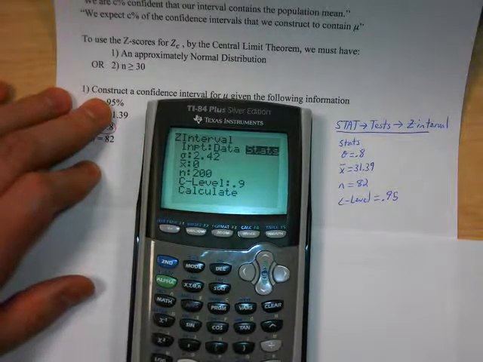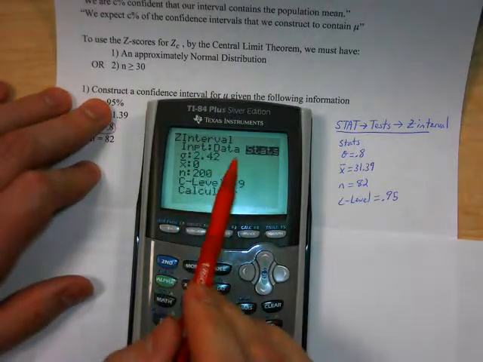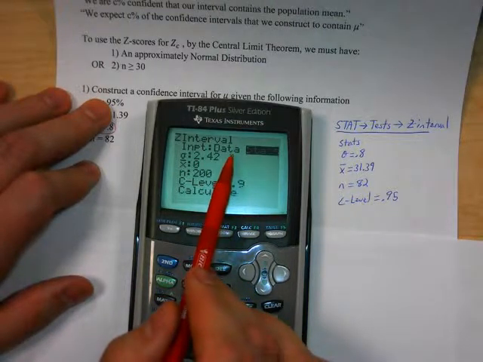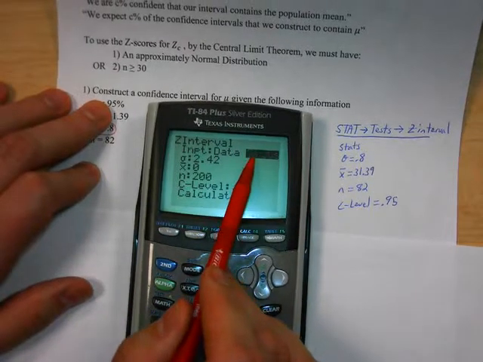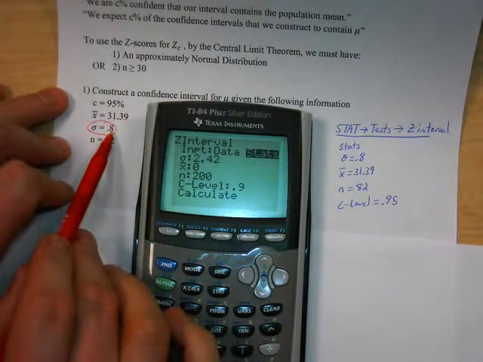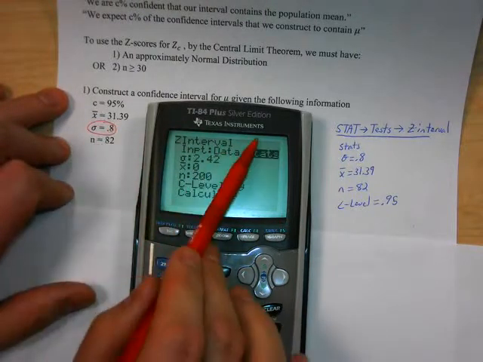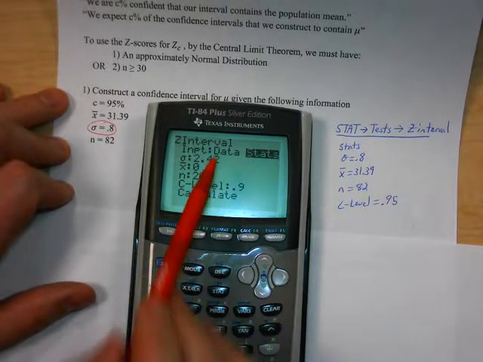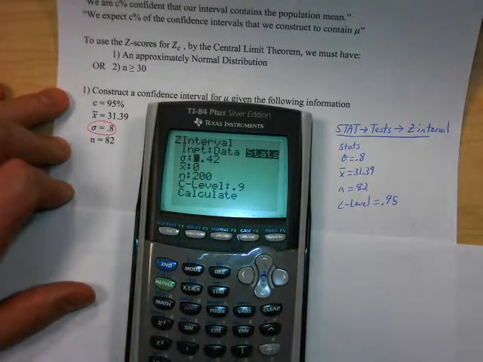Now we have to recognize here the first step is a little bit different. It says data or stats. Data is if you were to list values in list 1 or list 2, that's where you put data. Stats means that we're given the statistics. In this question, we were given x bar and sigma, so we were given stats. So that's what we want to highlight for this one. The standard deviation was 0.8, so I change that to 0.8.